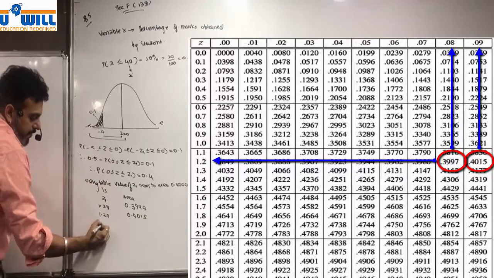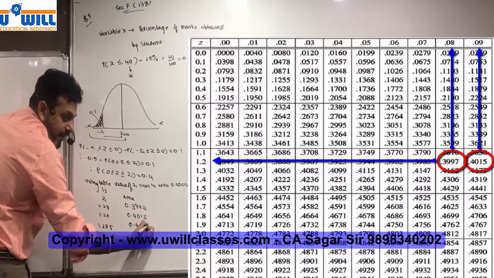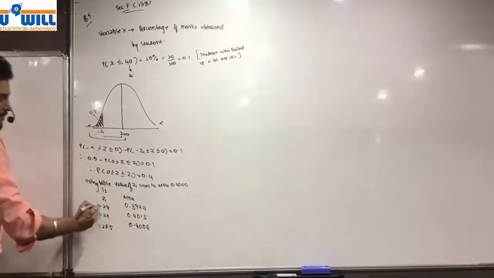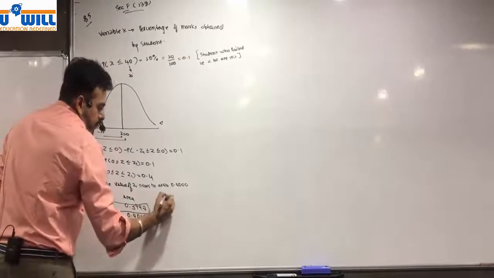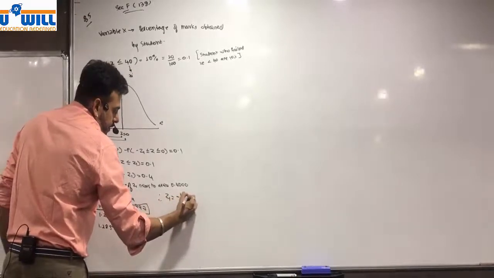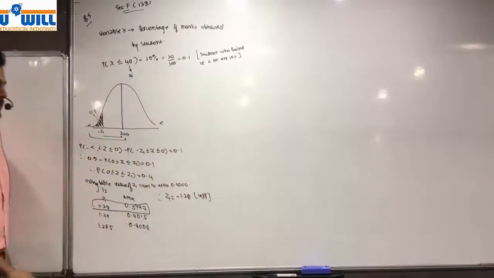Okay, and average 1.285 is 0.4006. So which one is the nearest? 1.28. Therefore, Z1 is equal to minus 1.28. Why? Because it's on the left. So keep in mind left is negative, so you don't make a mistake.